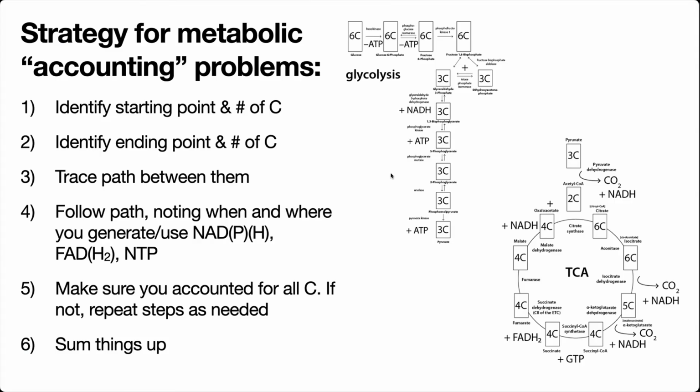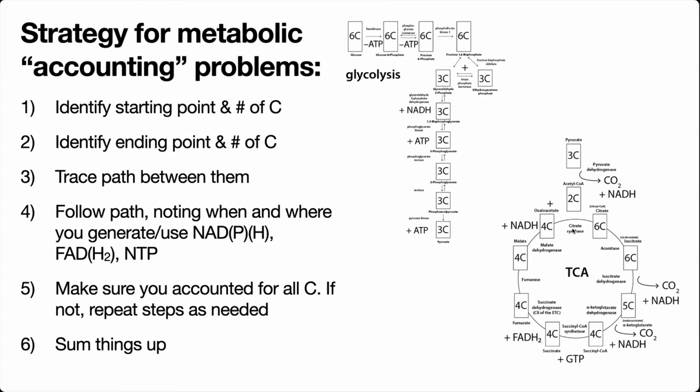Remember that for each turn of the cycle, you're going to be losing 2 carbons. And so if you're bringing in a molecule that you want to remove carbons from, you're going to need 1 turn of the cycle per 2 carbons. But you might also have to do a partial cycle, so you need to think about where exactly you're coming in and coming out. Because even if you're coming in with 4 carbons, it might not be exactly 2 turns of the cycle.